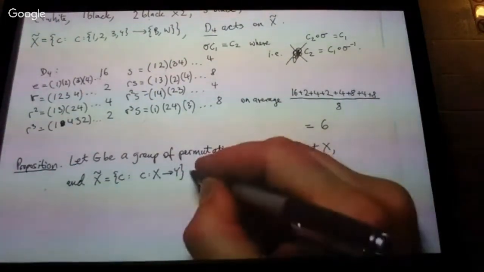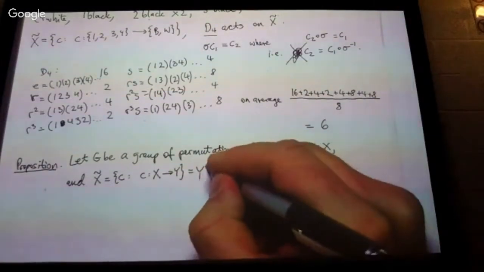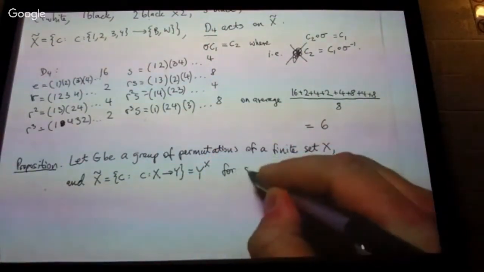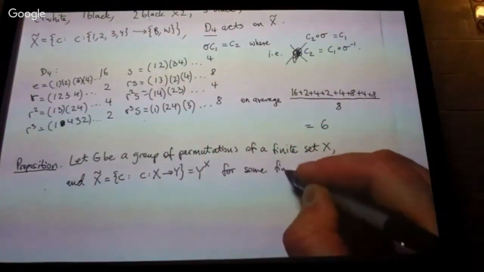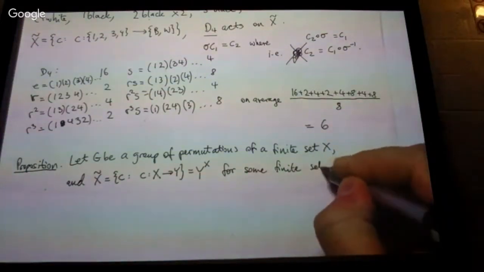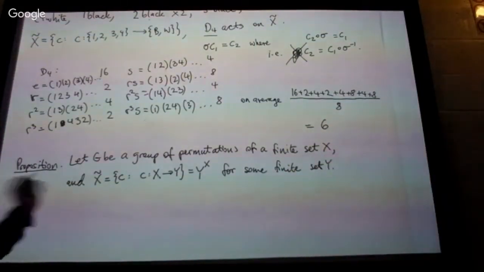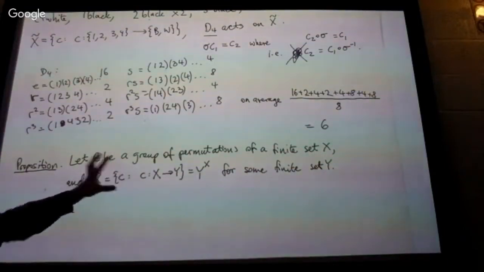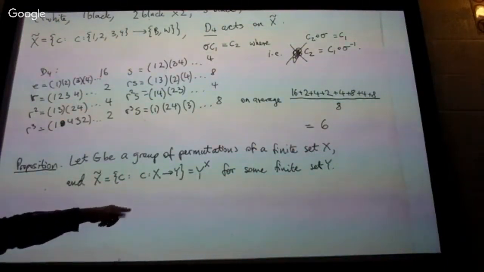Or the finite set X. Well, actually, this is sometimes called y to the x for some set y. So you've got a set x, okay, and you look at all possible colorings with values from y, just like we were doing.